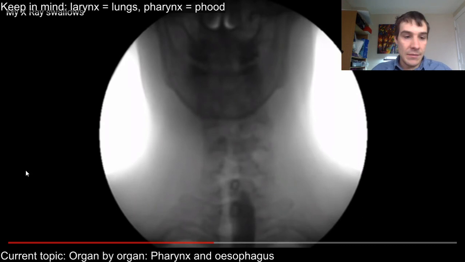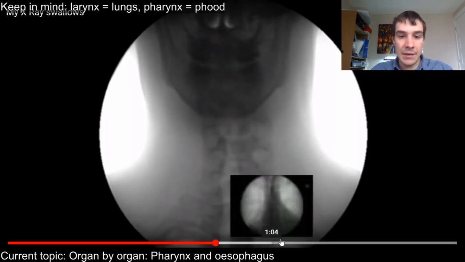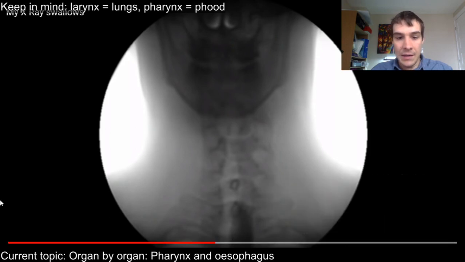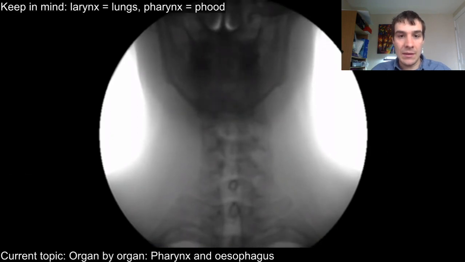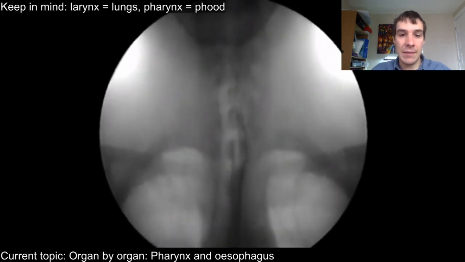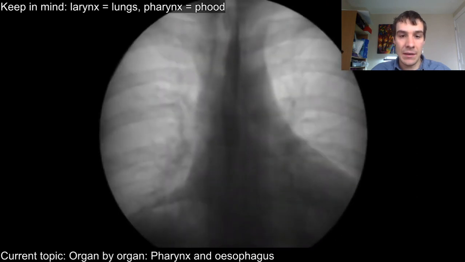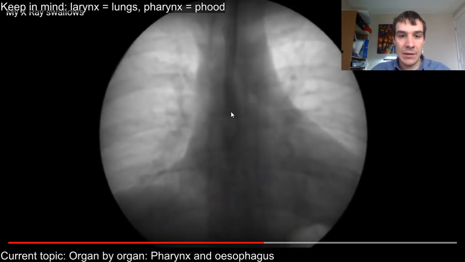All right, so we'll stop that, and here it is from the front, but you don't need to see that. Actually, we might as well watch it. Here's a real-time swallow. You'll see just how fast this makes it to the stomach. See how it's slowly actually going along?